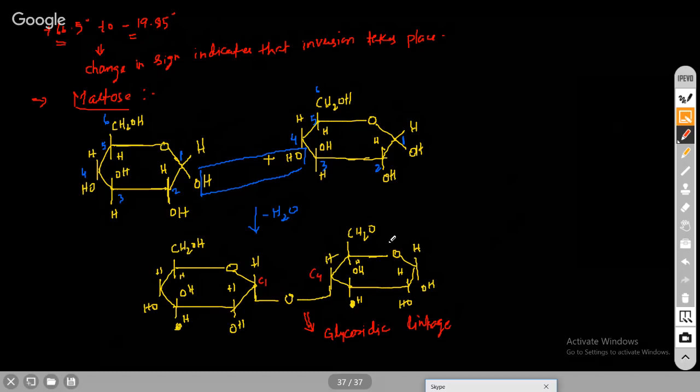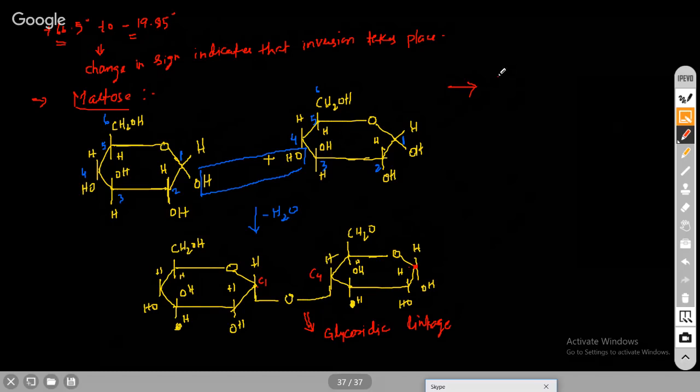Now, is this a reducing or non-reducing sugar? Reducing. Why is it reducing? Because you see, this anomeric carbon does not get involved in the reaction. So when you put Tollens' reagent and Fehling's solution, this carbon will react and take part in the reaction. In the first example, the anomeric carbon was involved in the reaction. Now one of these anomeric carbons is not involved.